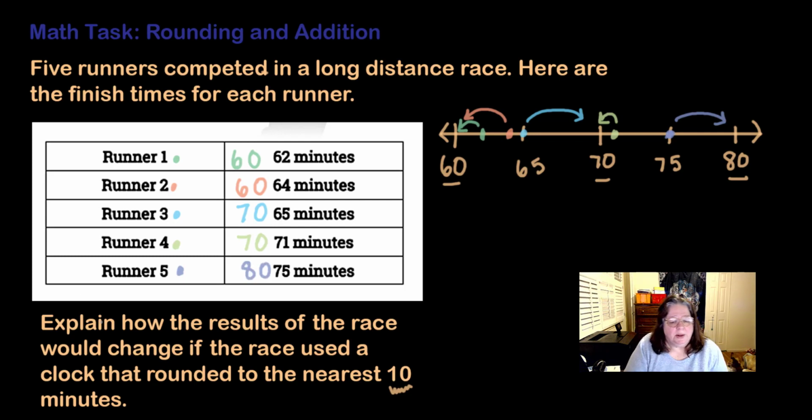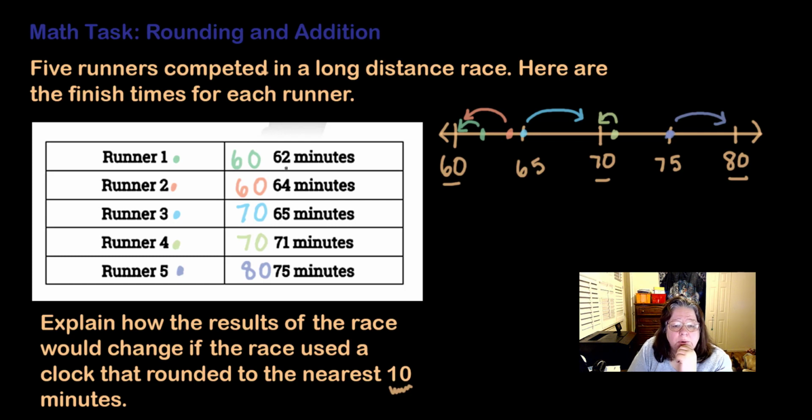So, explain how the results of the race would change if the race used a clock that rounded to the nearest 10 minutes. Well, we can see that almost all of their times changed, every single one. Who would be the winner if we were just counting actual minutes?